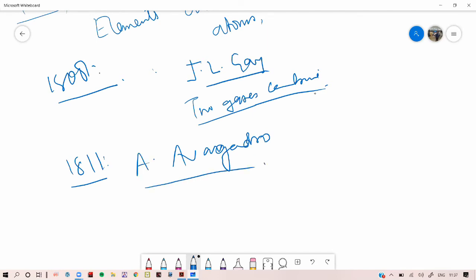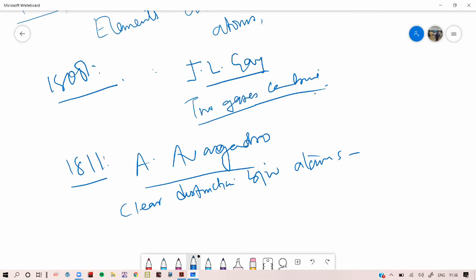And what he did was give a clear distinction between atoms, which are the discrete particles for elements. He termed the atoms as the discrete particles for elements.